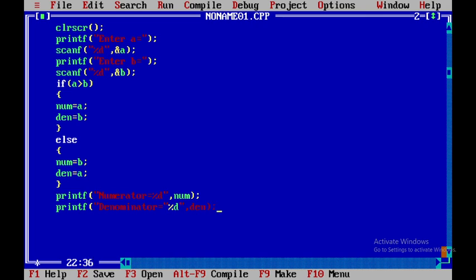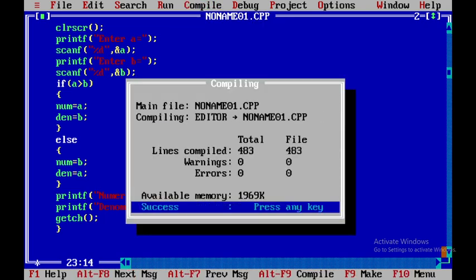Okay, so we want the denominator to be less than the numerator, and say getch, and we close the main function here. Okay, now if you compile here, there is 0 errors.